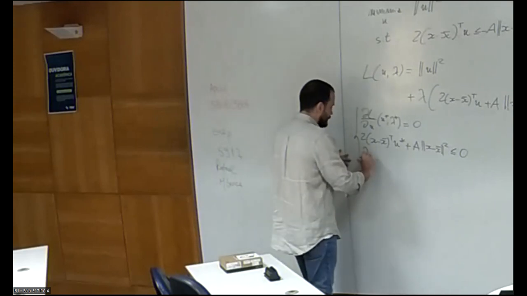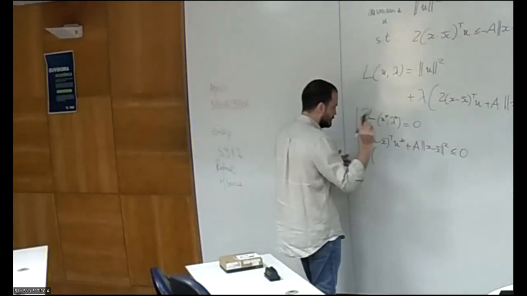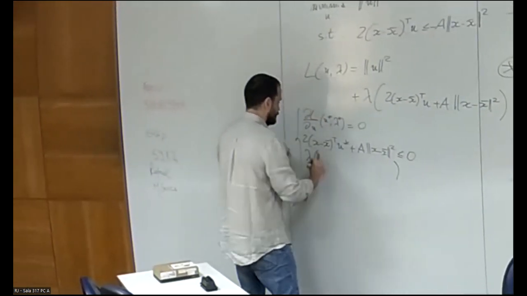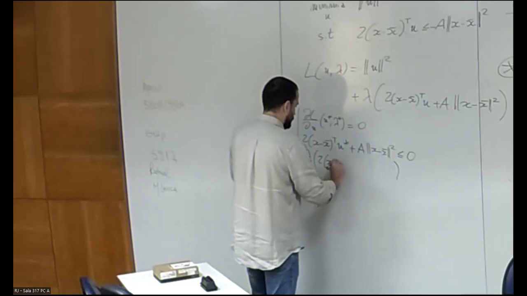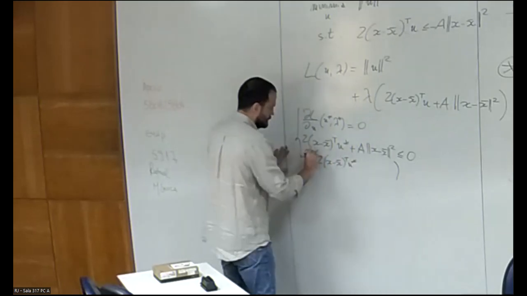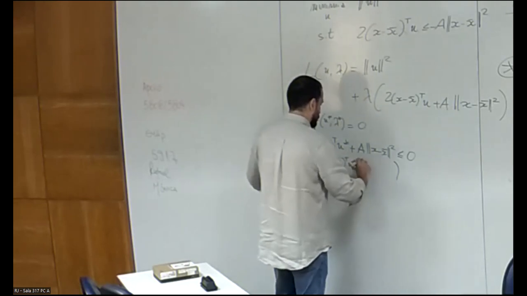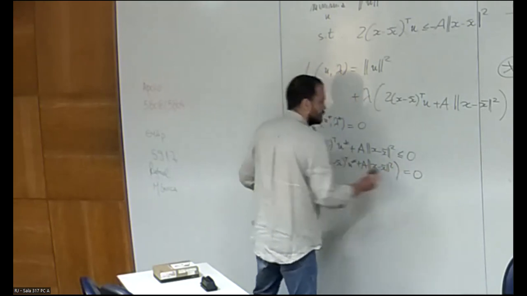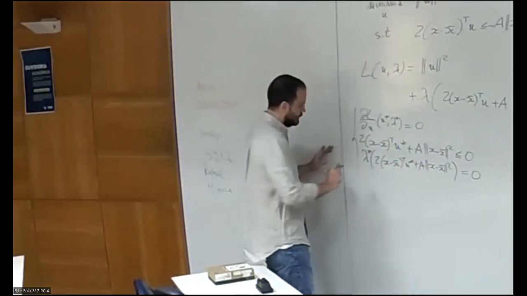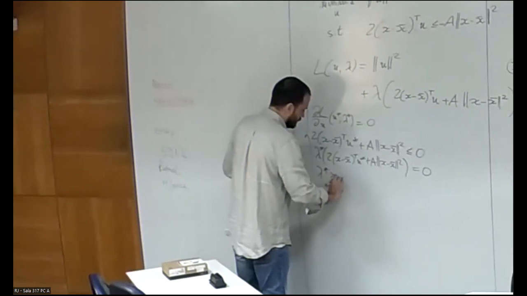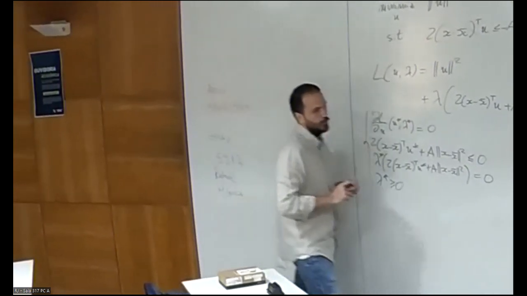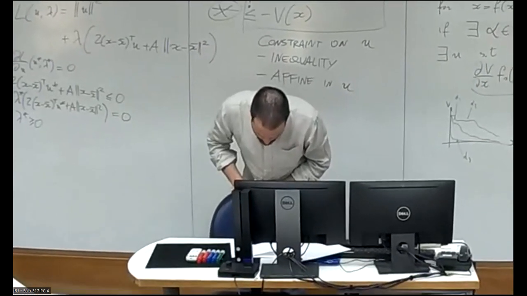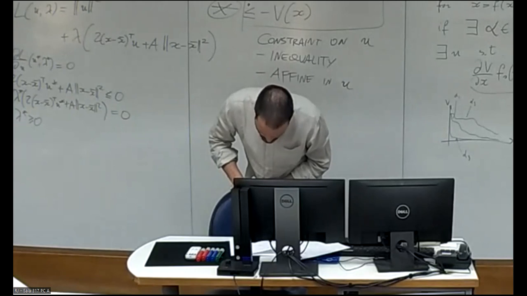Then we need that lambda star, so the optimum, times the whole constraint again has to be equal to 0. And lambda star has to be non-negative. I hope I didn't forget anything.